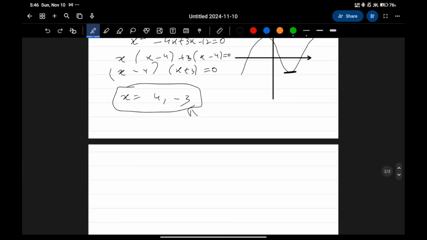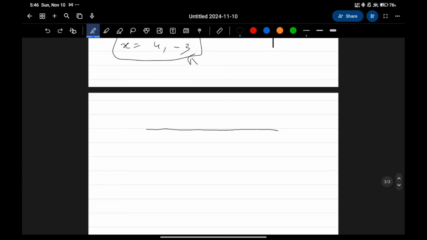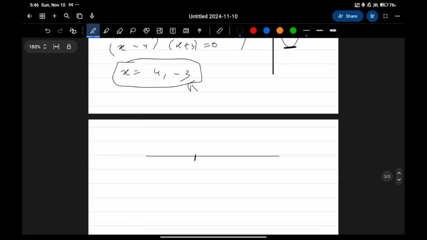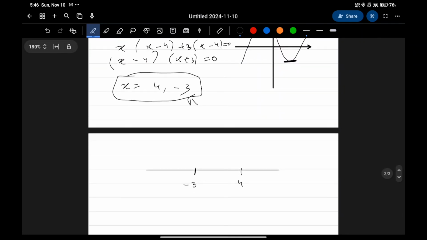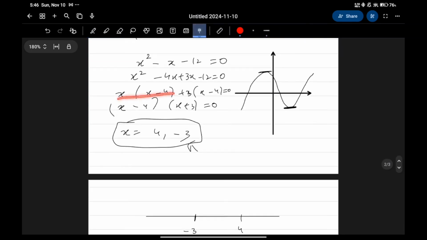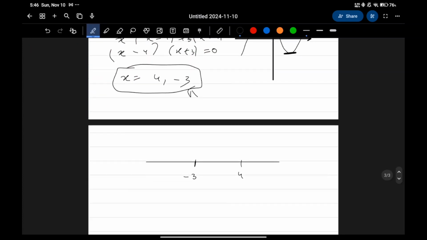So for that, what we have to do is draw a number line and we put on our critical points. Okay? Now I'm going to take this equation that I had over here, the most factored equation.